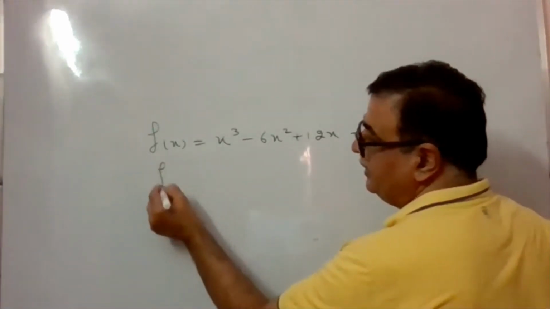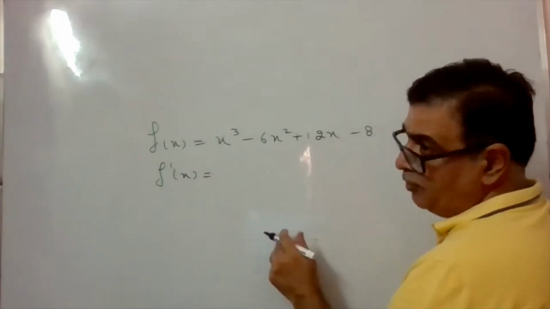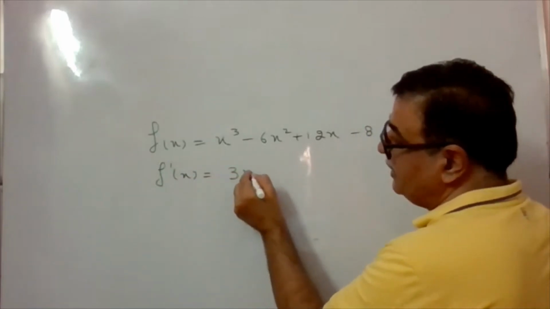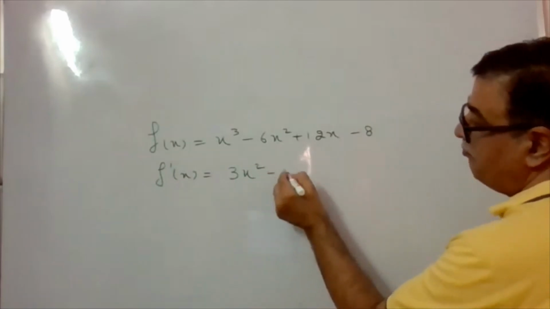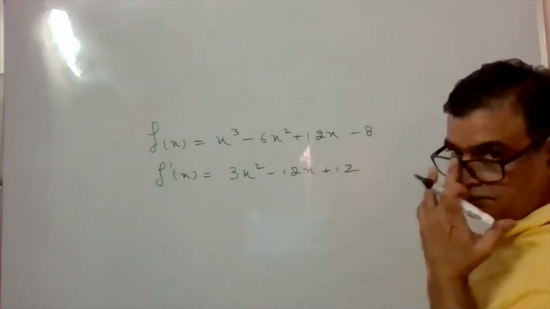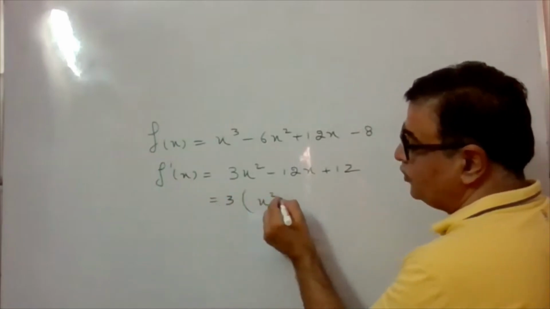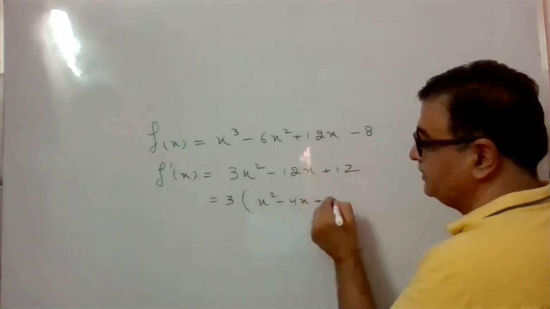So for that, again, f dash x, when I take, what this will come out to be? It will come out to be 3x squared minus 12x plus 12. 3 I'll take common, left is x squared minus 4x plus 4.